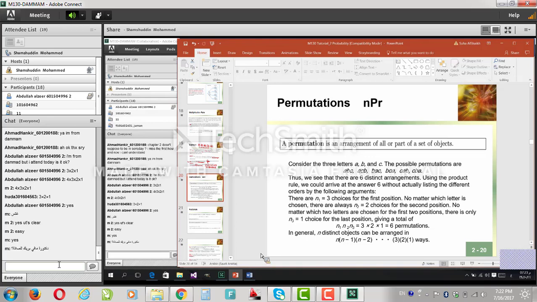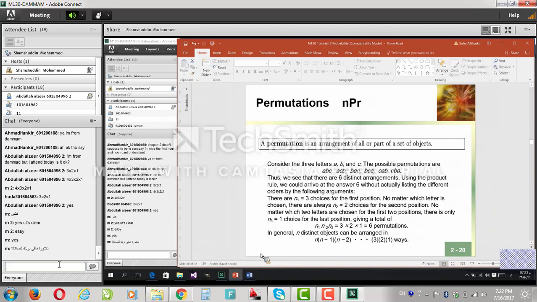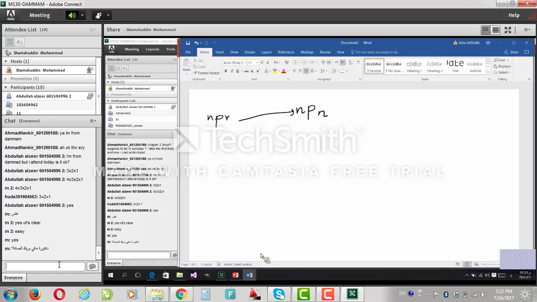Now the permutation NPR can be the ways we can arrange r things out of those n things.